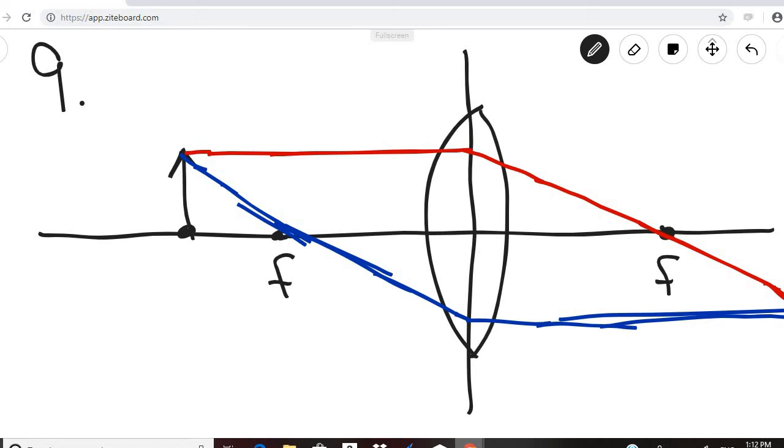So this is the bottom, so this is the top. So our image is inverted.